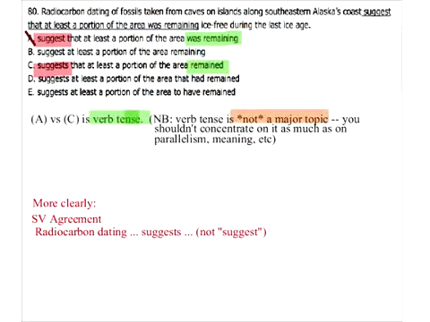The first is that it's not tested that often in the first place. But more importantly, number two, it's almost always tested in conjunction with major topics, just as it is here.